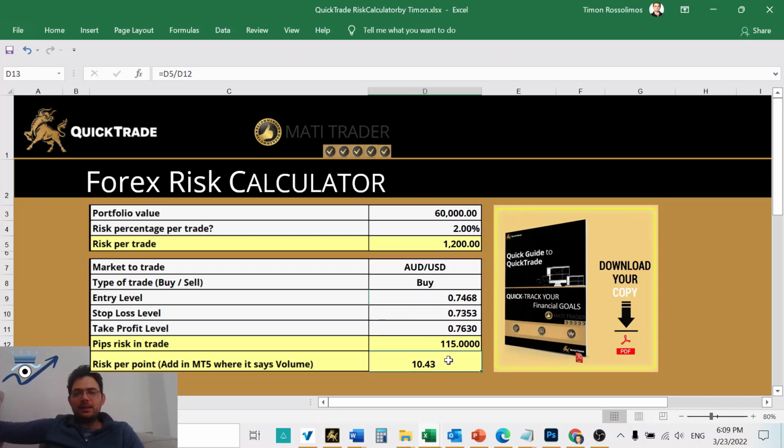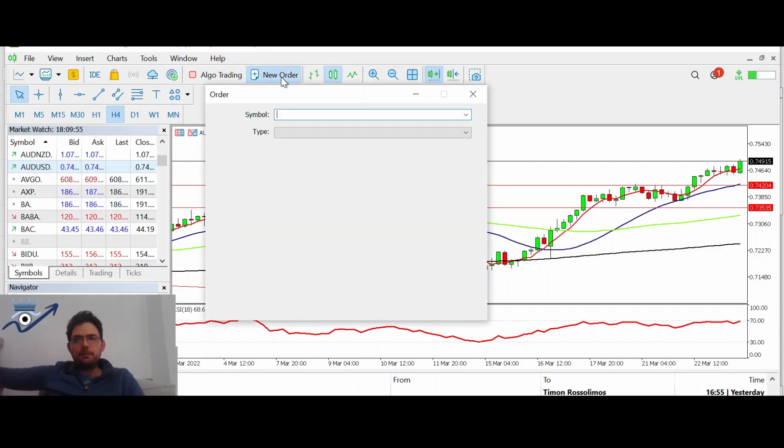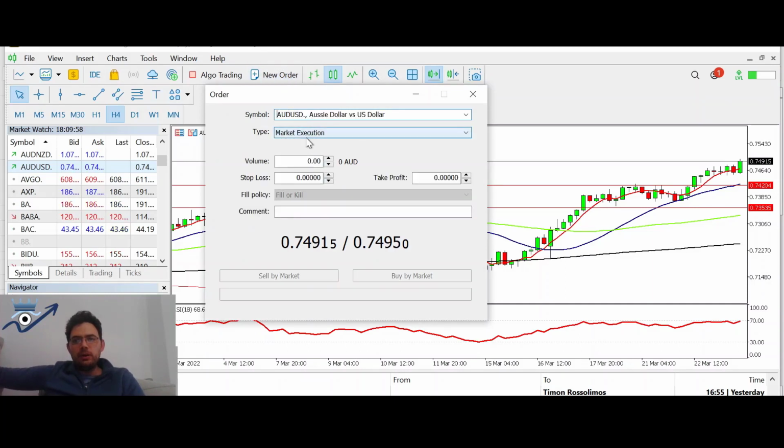And so technically using the MetaTrader platform with QuickTrade, the risk per point, where it says volume, says 10.43. So if we go to QuickTrade, you go new order, we know that the volume is going to be 10.43.